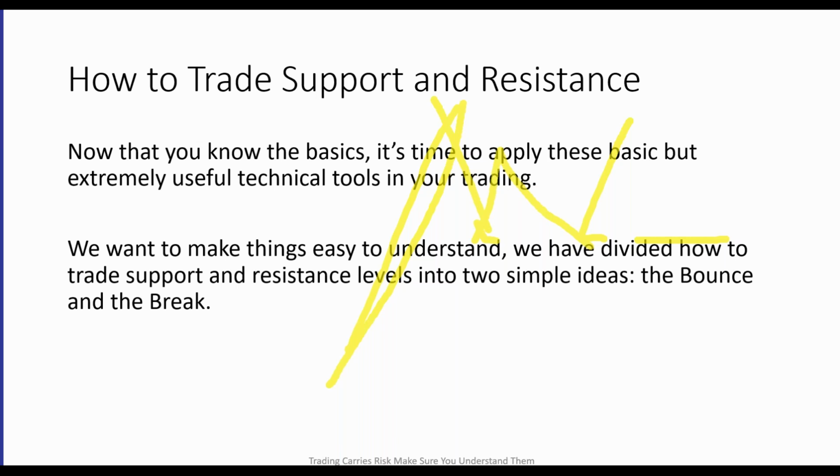If we see price come down to that level and buying volume starts to increase, we're going to see it bounce off. If it breaks that level, especially with a lot of momentum, we should also see selling volume increase.